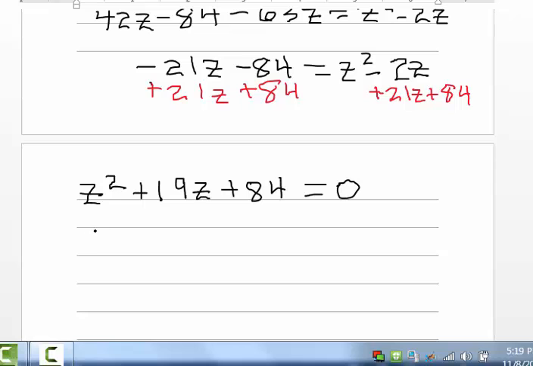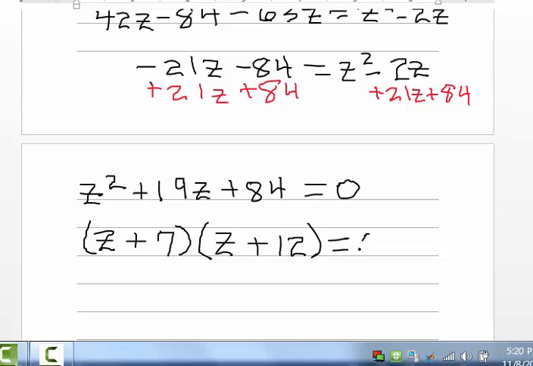So let's put the z squared plus 19z plus 84 on the left and the 0 on the right. And we can factor this trinomial as z plus 7 times z plus 12. So 12 times 7 is 84, and then 12z plus 7z is 19z.